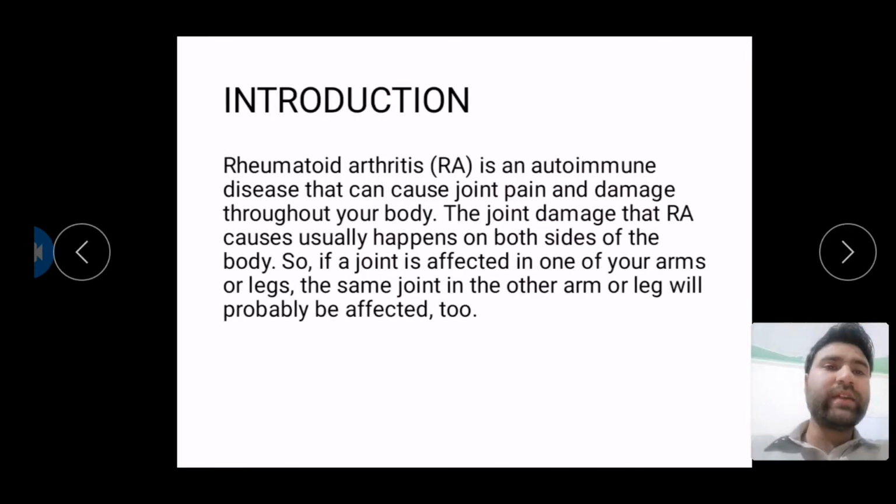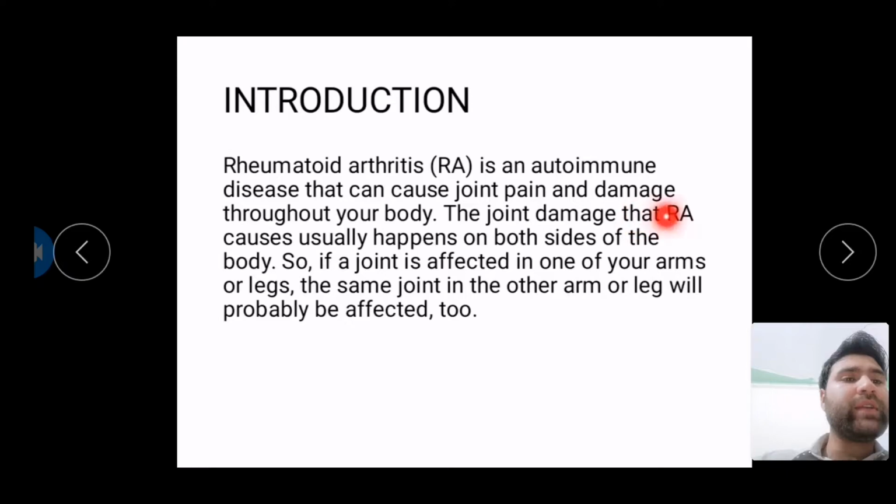So first we will introduce what is rheumatoid arthritis. It is an autoimmune disease that can cause not only joint pain but it also leads to damage throughout the body. So it is not only causing damage to the joints but also leads to damage to the whole body.